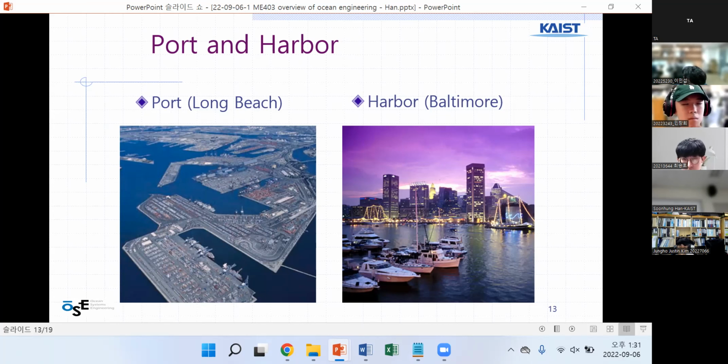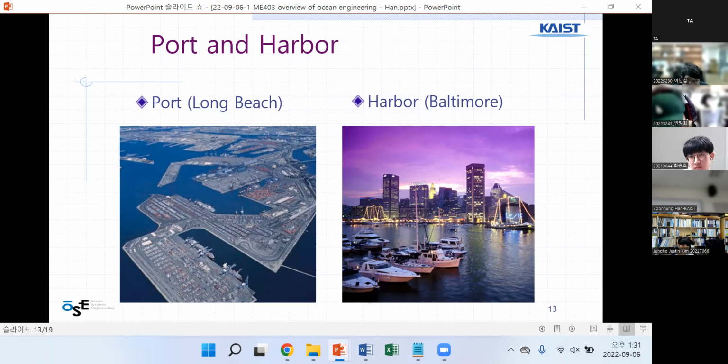It goes another way, to another place. And after unloading all the cargo from the ship to this container yard, there should also be another kind of sorting or dispatch to all the places around the United States and the California area. So we need a large backyard like this one, and the ship is coming and going back. So that's why the port is big and long.